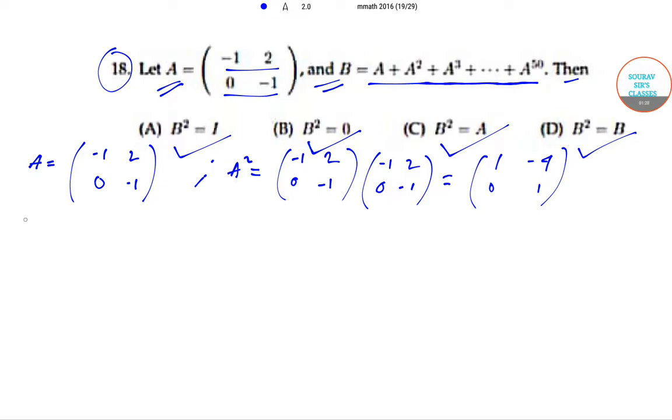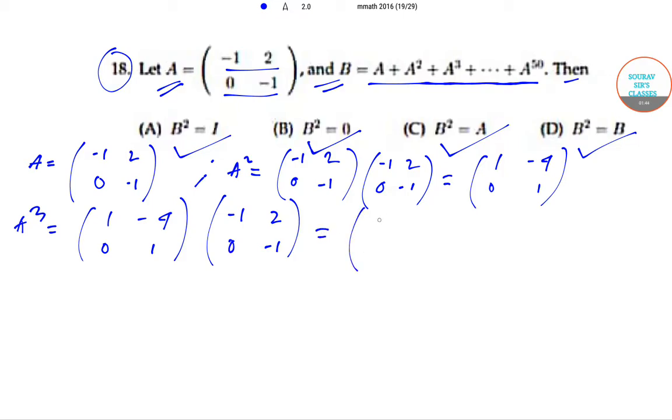Similarly, if we try to find out A cube, A square is nothing but [1, -4; 0, 1] into A, which is [-1, 2; 0, -1]. Upon multiplication this gives us [-1, 6; 0, -1].